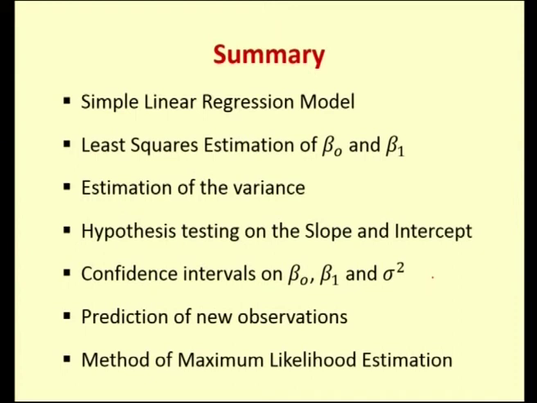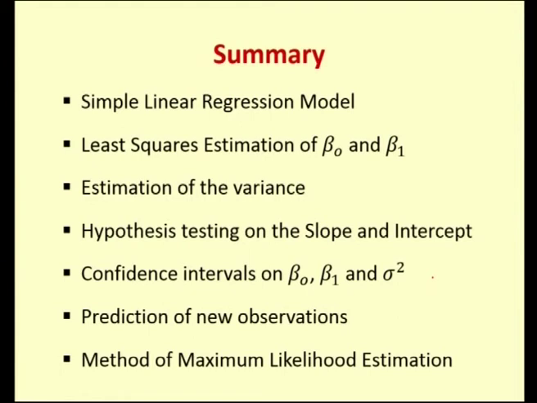Now, the summary of our discussion: the simple linear regression model has been considered, the estimation of the parameters beta naught and beta 1 is carried out, and we also estimated the variance sigma squared. Hypothesis testing on the slope and intercept is discussed.